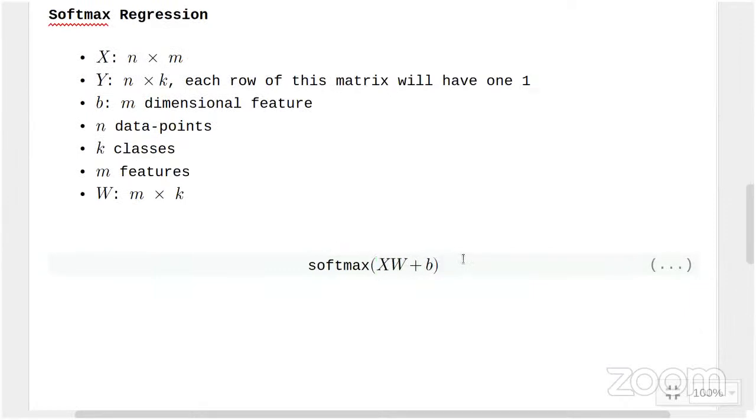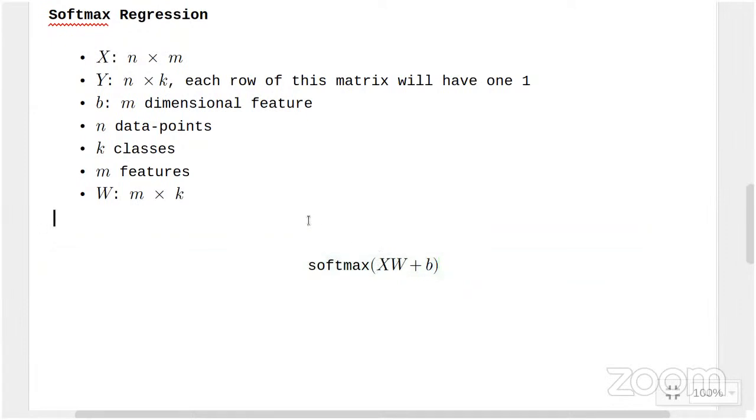Do you do the softmax row-wise or across the columns? Across the rows, so you do it along the rows.